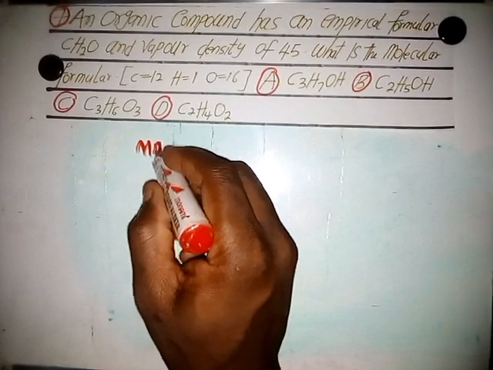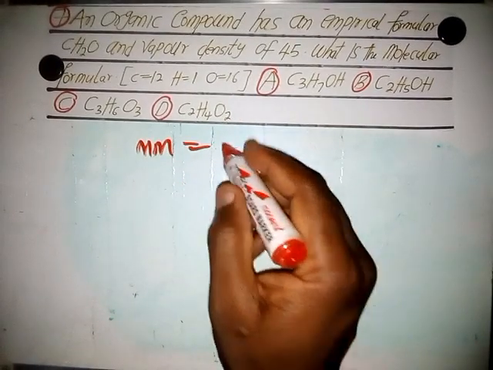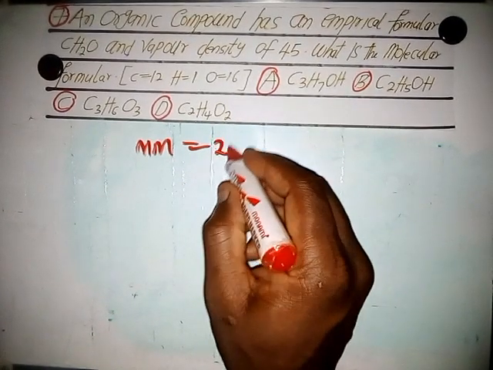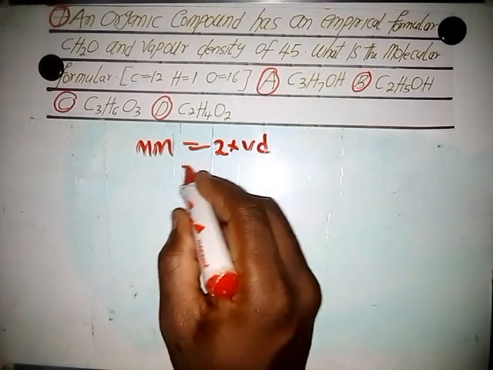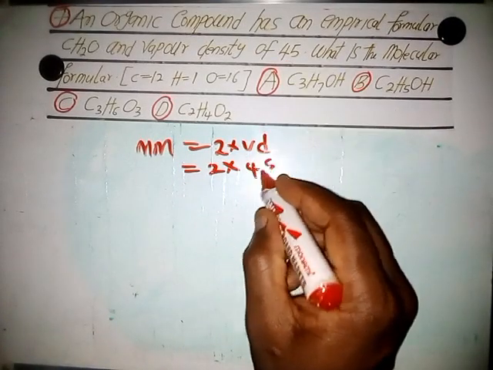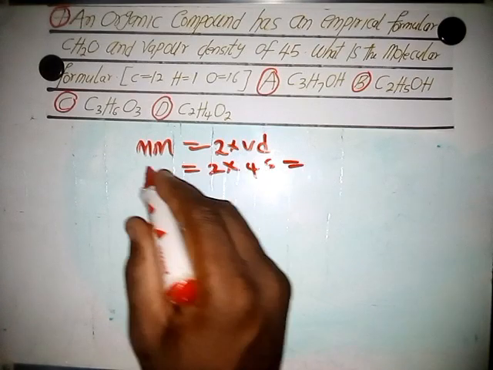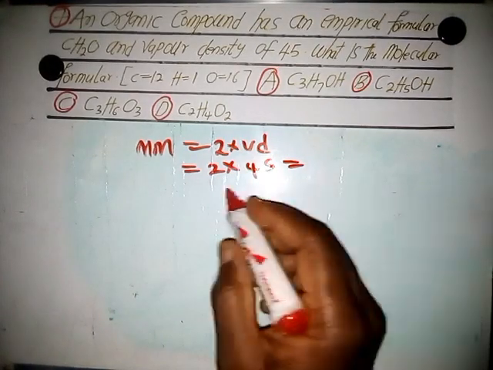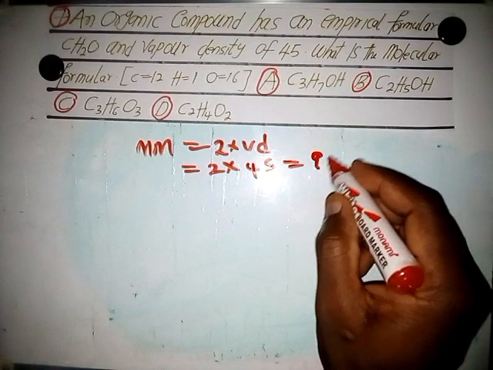As usual, since you are given the vapour density, first of all calculate the molecular mass, which is 2 times the vapour density. So the molar mass is 2 times 45, which is 90.